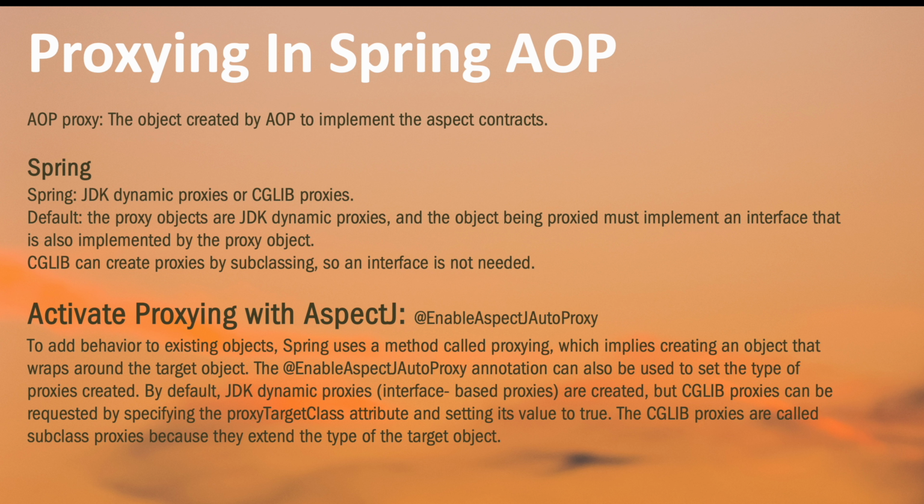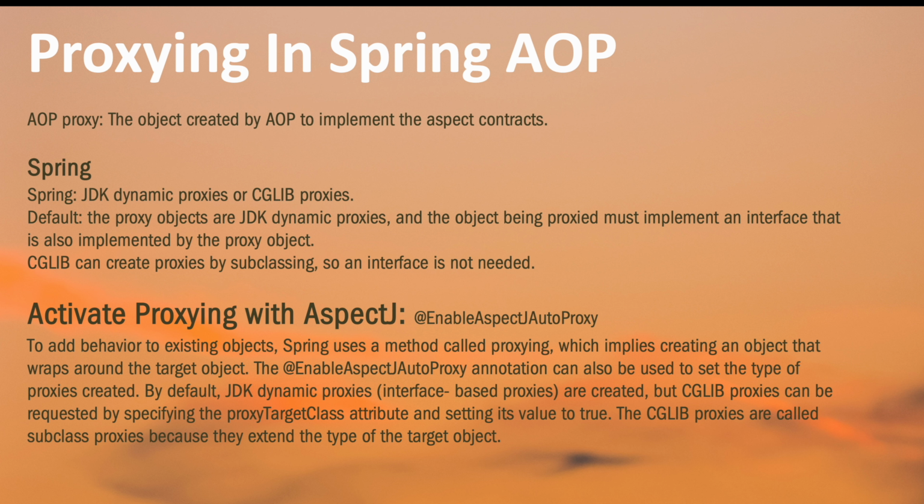For that default mode to be activated, the target object must implement at least one interface. If it does not implement an interface, Spring will switch to CGLIB proxy, which is class-based proxy. CGLIB proxies are created by subclassing the target object, so an interface is not needed in this case.